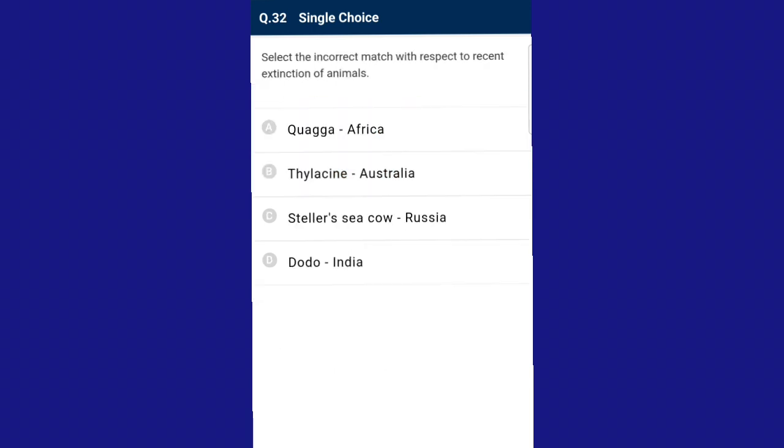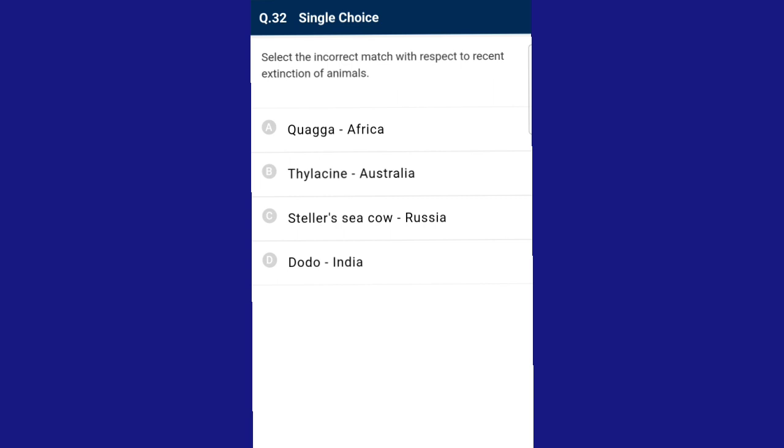Question number 32. Select the incorrect match with respect to recent extinction of animals. The colonization of tropical Pacific islands by humans is said to have led to the extinction of more than 2000 species of native birds. The IUCN Red List 2004 documents the extinction of 784 species including 338 vertebrates, 359 invertebrates, 87 plants.